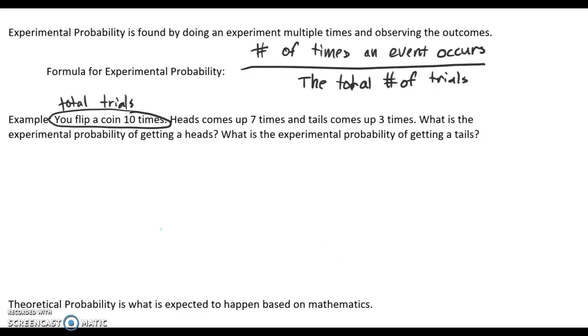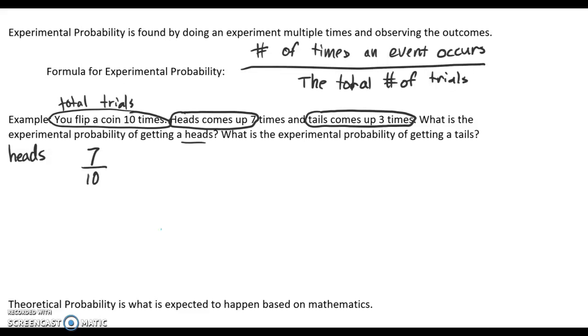So heads coming up 7 and tails coming up 3, these are both different outcomes or the number of times events occurred. So to find the experimental probability of getting a heads, we're going to do 7, because heads came up 7 times, over 10, because we flipped the coin 10 times.